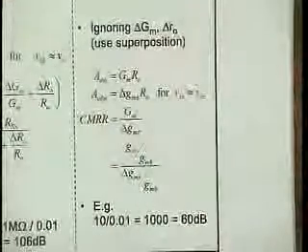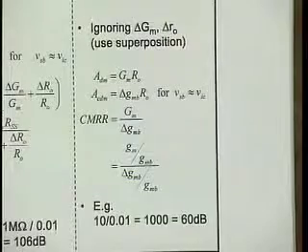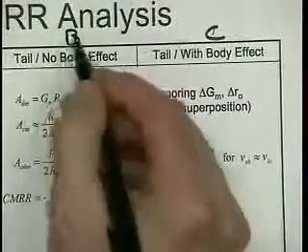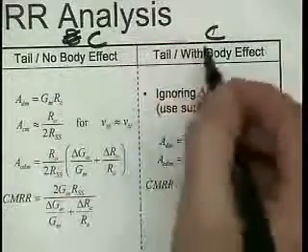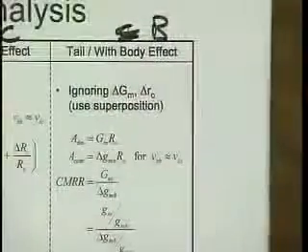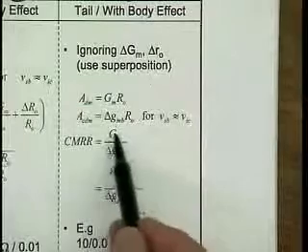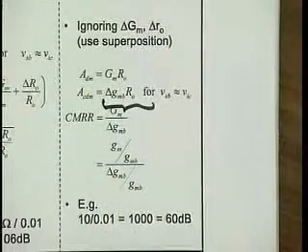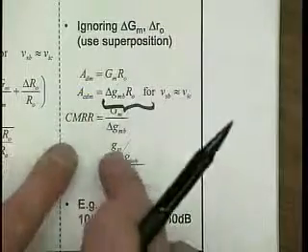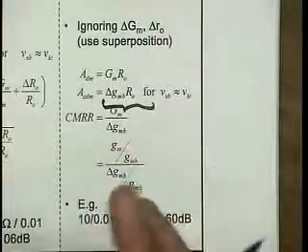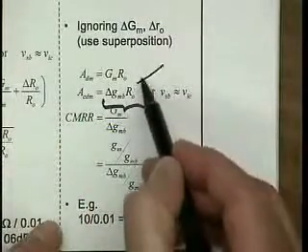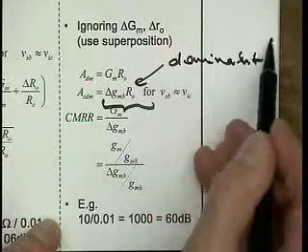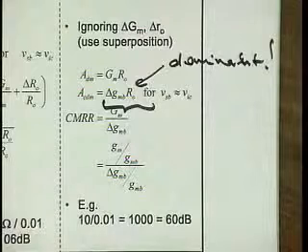And finally, this is actually C, and this one is B, where I also get the contribution from GMB. Here, for simplicity in the analysis, I assume that this is the dominant contribution. Of course, it might not be.